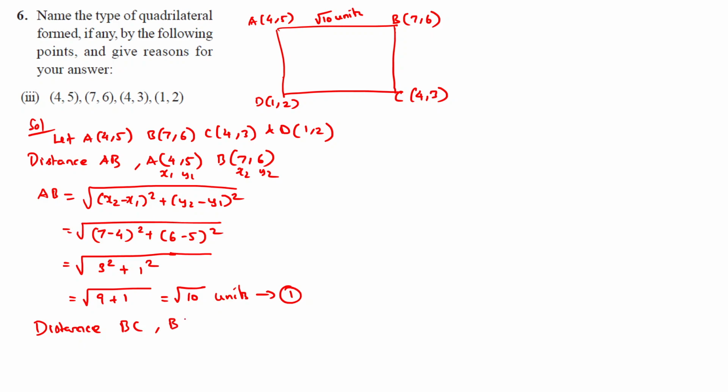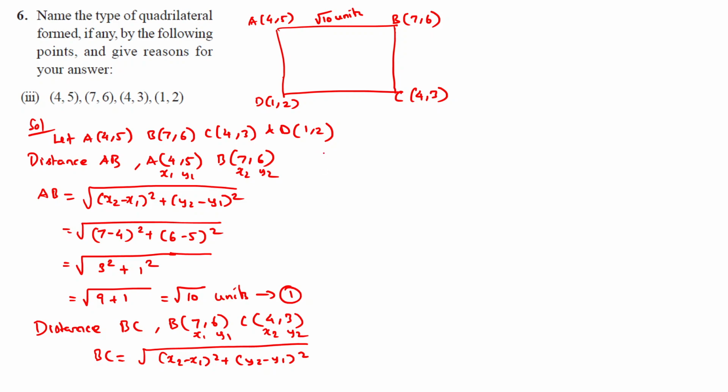BC, write the coordinates 7 comma 6 and C is 4 comma 3 and give the naming of that x1 y1 x2 y2. So distance of BC is equal to square root of x2 minus x1 whole square plus y2 minus y1 whole square. So substitute the known values.